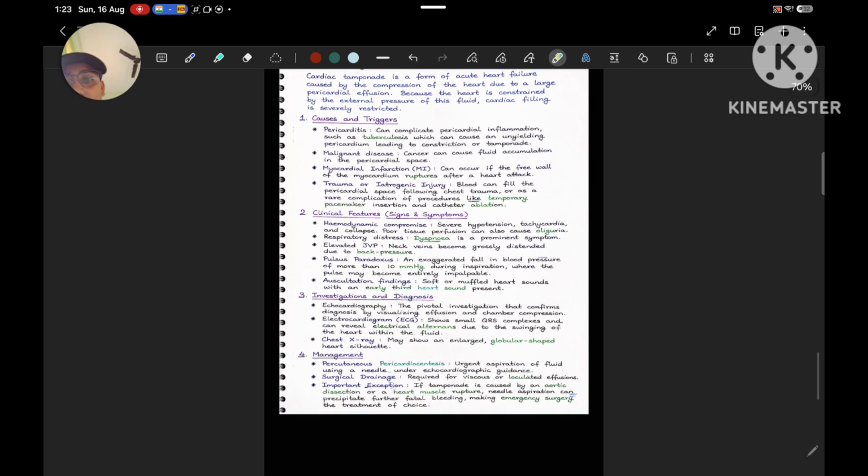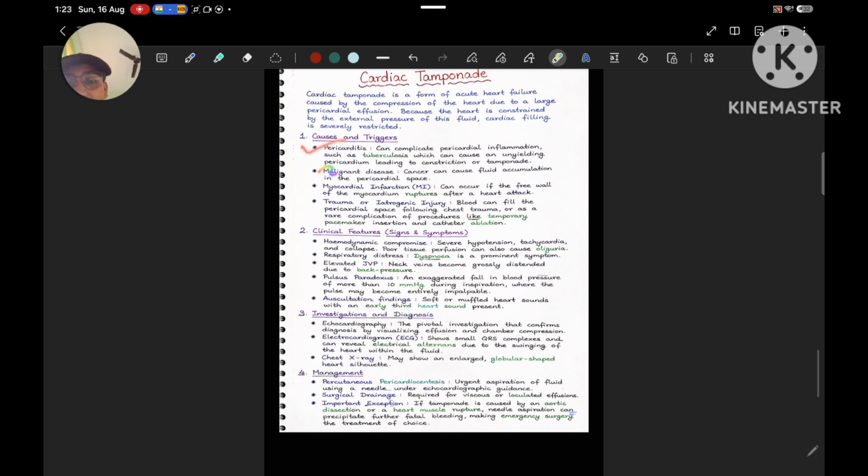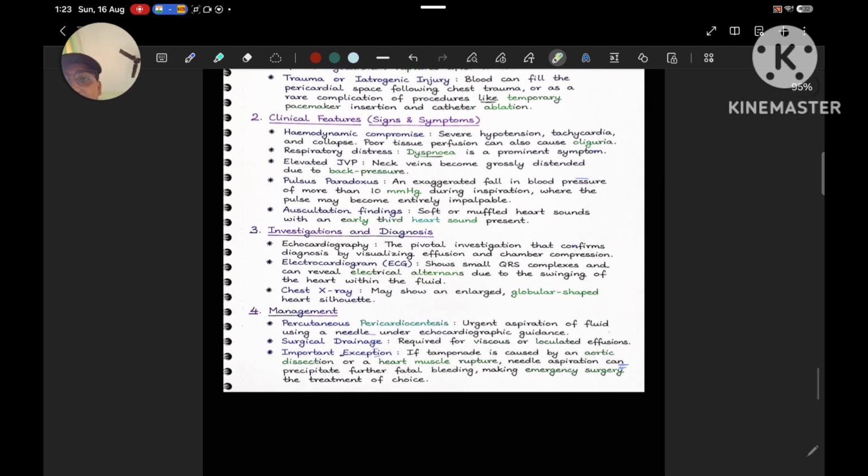So now we have the 4 causes: pericarditis, malignant disease, myocardial infarction, and trauma or iatrogenic injury. And we have the clinical features. Number 2, what are the signs and symptoms? How can you find that this is a case of cardiac tamponade? There is a clinical triad called Beck's triad: raised jugular venous pressure, hypotension, and muffled heart sounds.